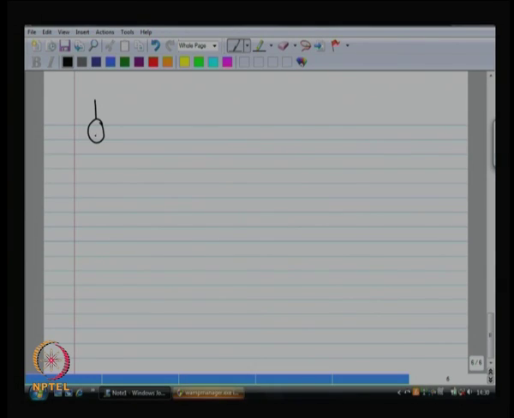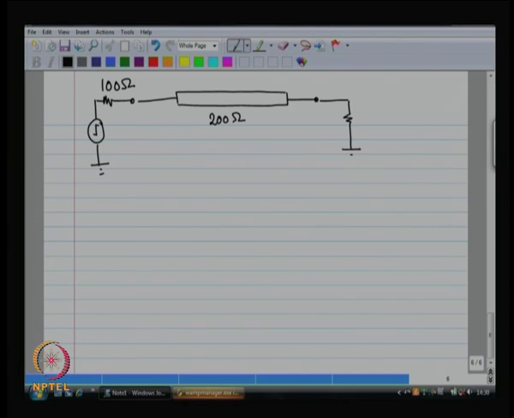Let us say that I apply a pulse, and let us say my Z source, the source impedance, is 100 ohms, and I have a transmission medium with a characteristic impedance of 200 ohms, and let us say my load is 200 ohms.